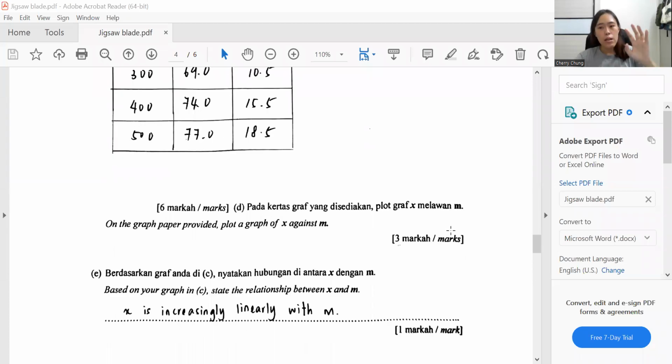For all the physics experiments, they will surely ask you to draw a graph. They will tell you to plot a graph of x against m. The one before "against" is your y-axis, and the one after "against" is your x-axis. Actually, it does make sense.